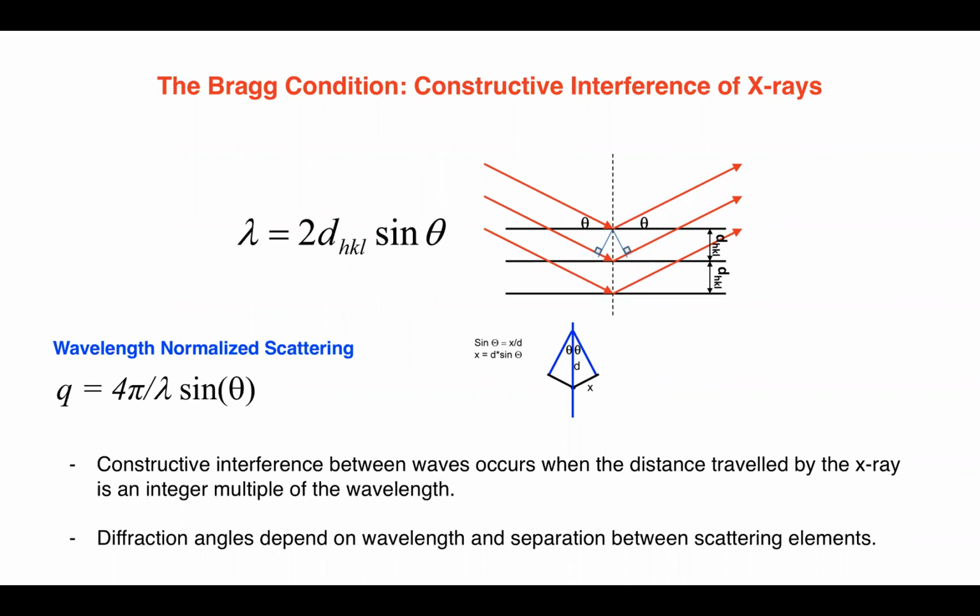If you work with synchrotrons and fancy experiments, neutron scattering, or electron scattering, the wavelength is no longer the same. To make it easier to look at patterns and to calculate things, you just apply this relationship between theta and Q. But for the sake of discussion, these two things are sort of equivalent when you consider that wavelength.